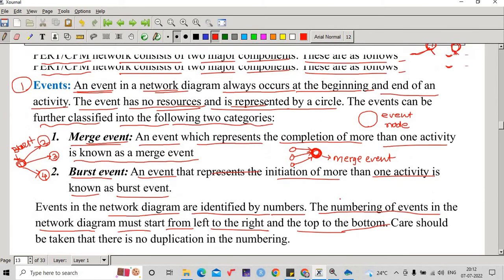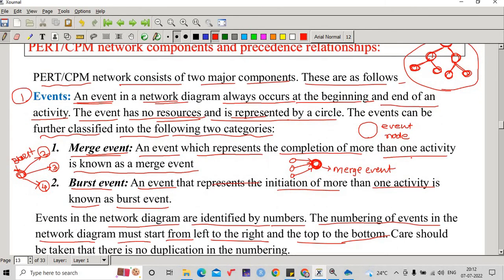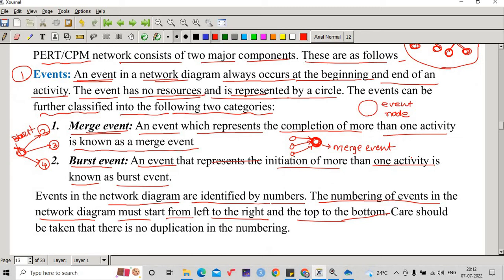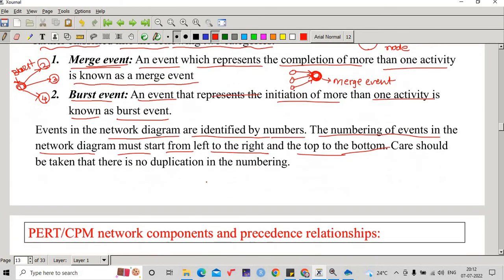Alright, means like the way I have drawn this tree diagram, we have drawn that from bottom to top, correct? So either we have to write down our network diagram in this way, how we have completed this tree diagram, or we have to start that from the left to right.